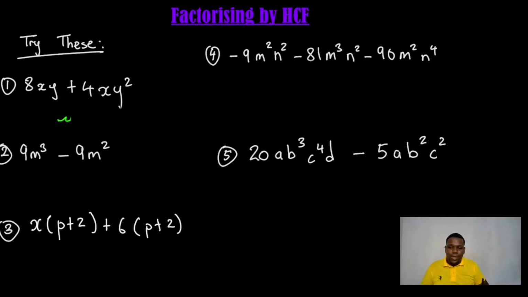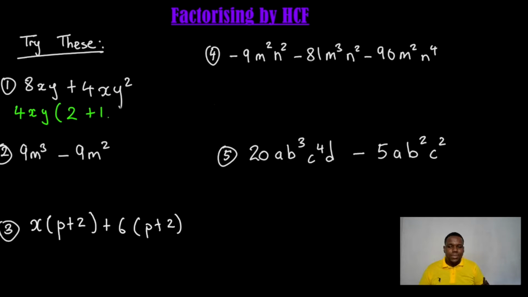So the first question, 3xy plus 4xy squared. So the highest common factor for the 8 and the 4 would be 4. Good. For the x, it would be x, and for the y and y squared would be y. 4 into 8 goes 2 times, x1, y1, so we're just left with 2. 4 into 4 goes 1 time, so plus 1.